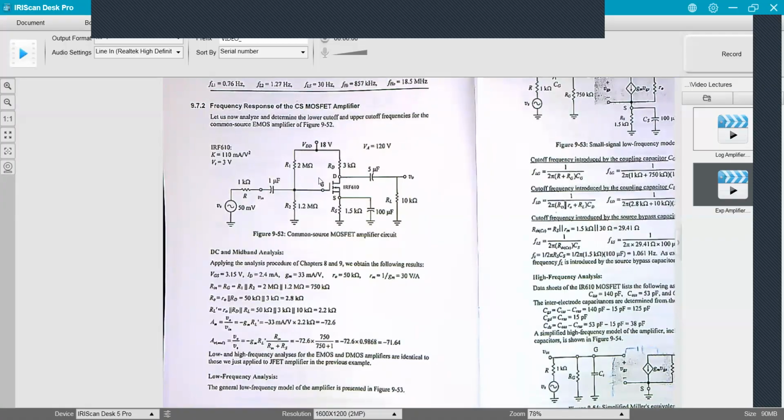So you ask yourself, how much current does this amplifier draw from the power supply? Well, from here we get what? ID. What flows in here flows down here. From a DC point of view, we get ID, which is 2.4 milliamps. And we also have current from our supply flowing through here. This is a MOSFET, so there's no DC gate current flowing here.